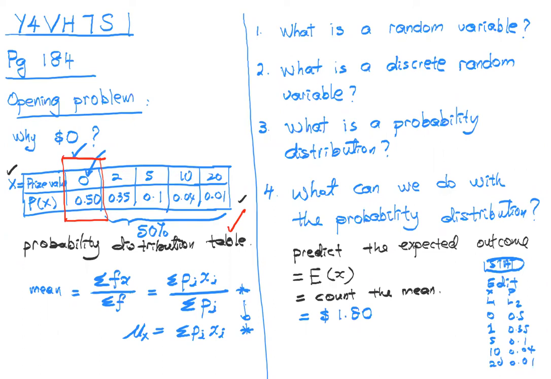Yes, thank you. Because the sum of probability is always equal to 1. Remember this fact. This is a very important fact. And why do I write it as population mean?